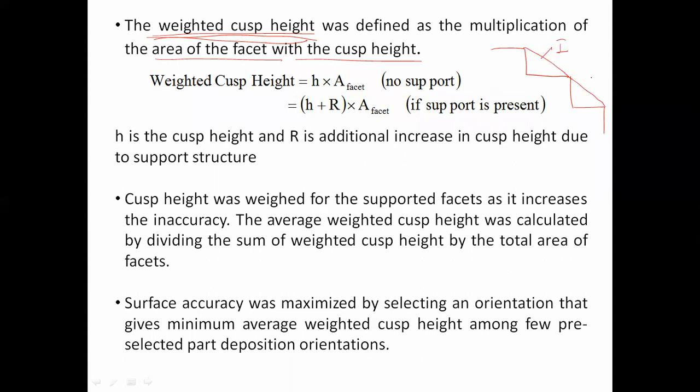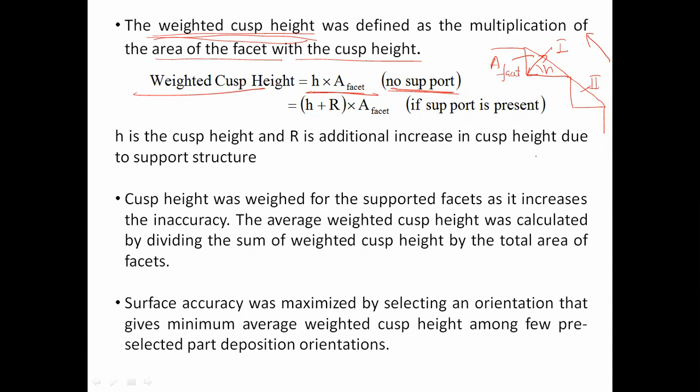For each facet where no support is required, generally an upward facing surface, this is your cusp height, which is given as H, and this is the area of the facet. When you multiply these two, you get the weighted cusp height.